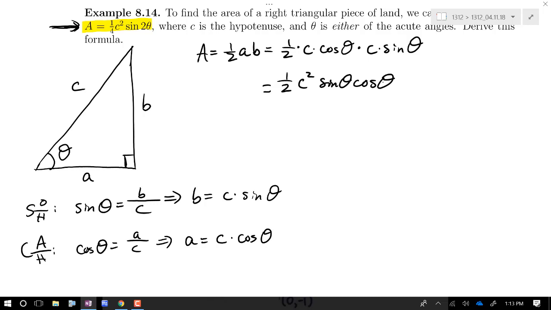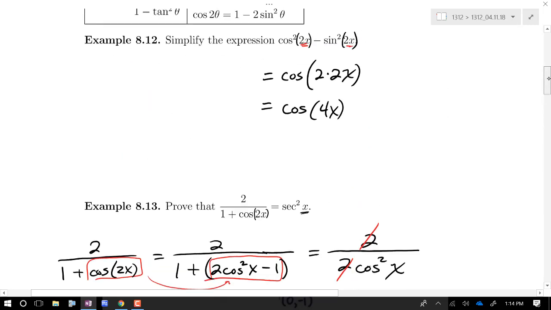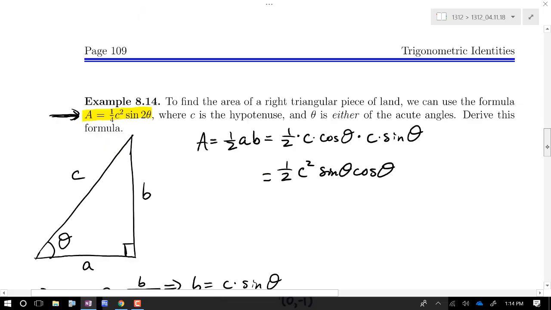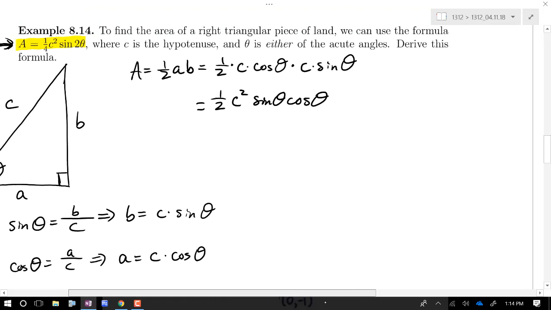So now's when I go back and I say, okay, well, maybe there's some identity I can use to help me out. We know that sine 2 theta is 2 sine theta cosine theta. So I'm going to use that and do a little side work. I want to be able to use that somehow.